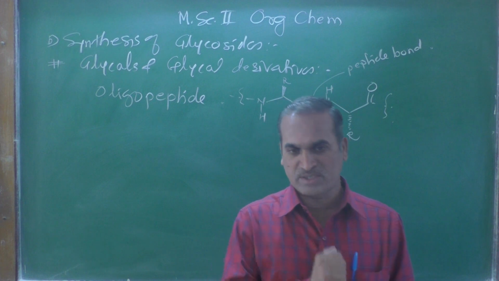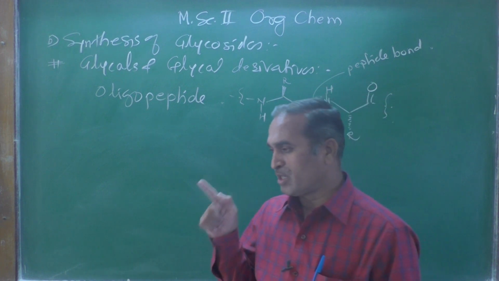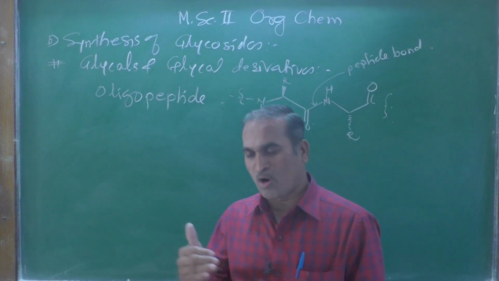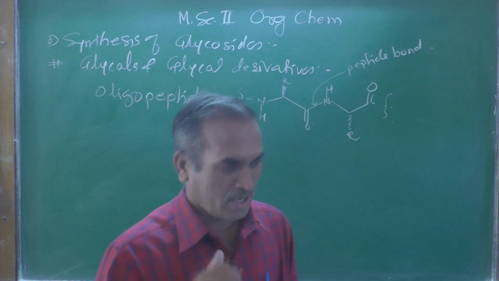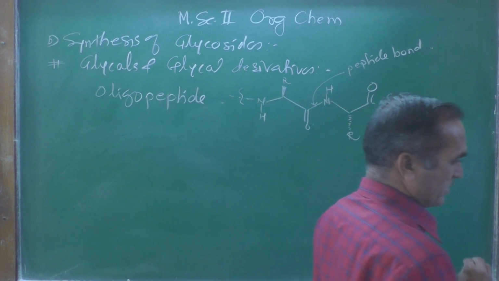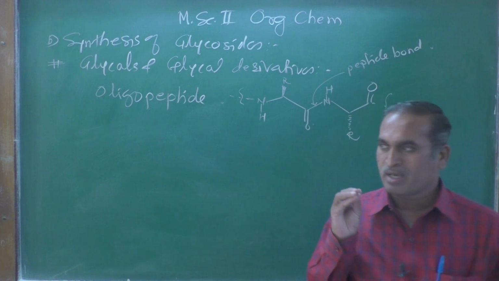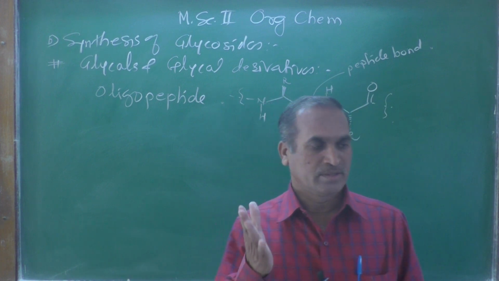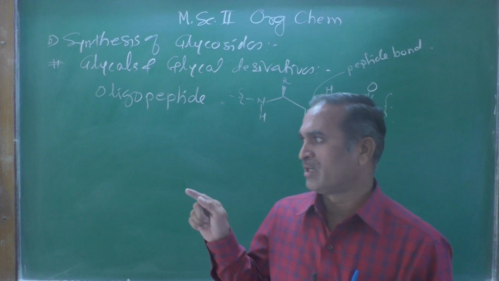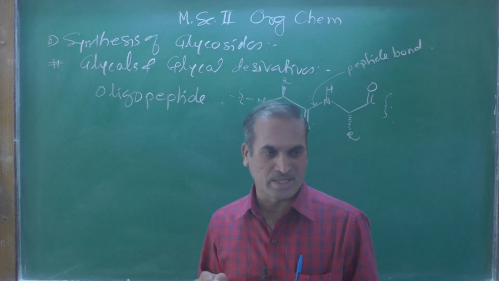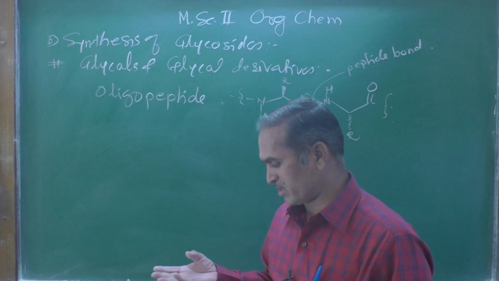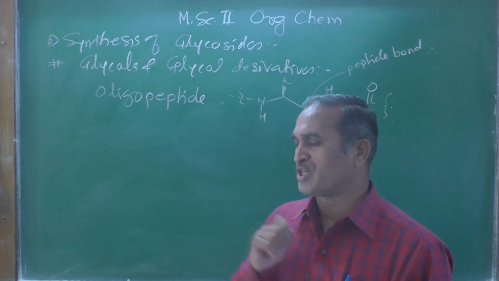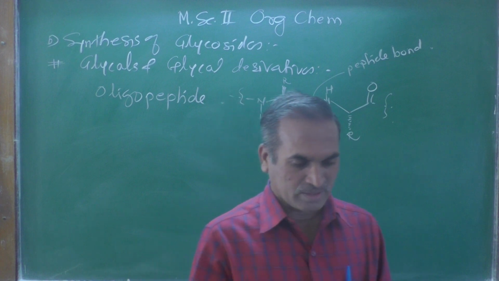If these kinds of symmetries are present in the molecule, it does not show optical activity. And for those compounds that possess more than two chiral centers and do not have such symmetries, like a plane of symmetry, alternating axis of symmetry, or center of symmetry, they definitely show optical activity.